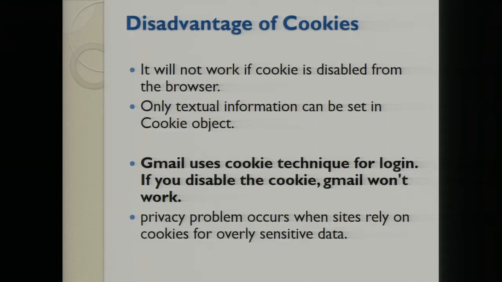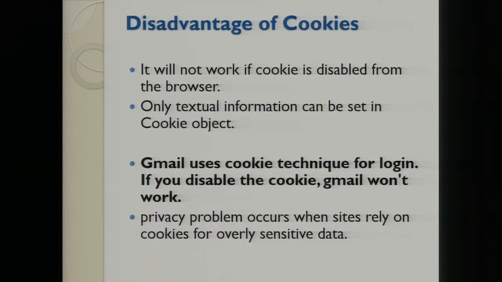You just go to the browser settings, and you will find the cookie settings there. That setting for cookies has to be enabled, then only will you get the advantage of cookies. Once you disable the cookie from the browser settings, you are unable to access the cookie.